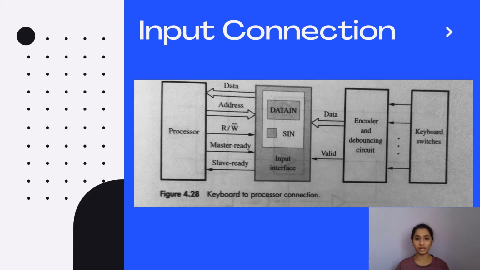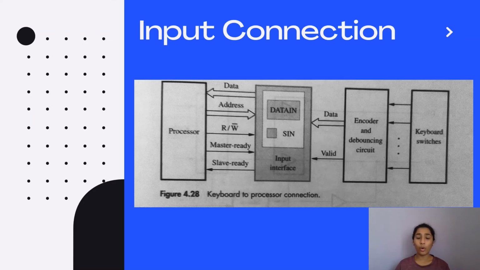Whenever the DATA IN information is passed on to the processor, DATA IN is then available to receive more information from the keyboard, and that is when SIN is cleared to 0. But while the information is being transferred from the input interface to the processor, the SIN flag should still be 1, because DATA IN is still not ready to receive information from the keyboard.